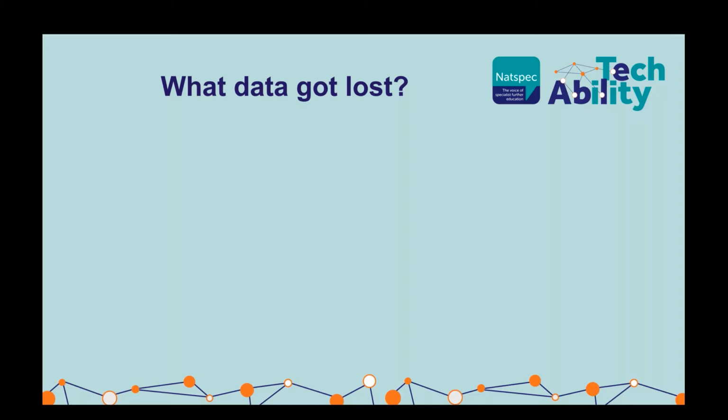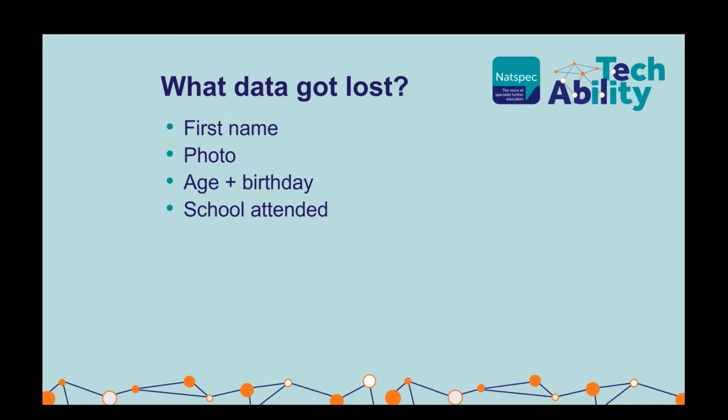So it'd be good to have a think about what data might have got lost. Whether you can predict a lot of these things, it's pretty easy to think about. There's a lot of first names on that device. John had a lot of contacts on there, a lot of pictures, sorry, of people that he spoke to, people he needed to refer to, and that generally had their first name and their photo. It also had John's age and his birthday on there, because he liked to talk about that.